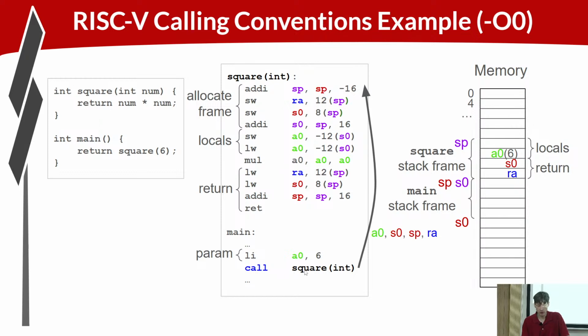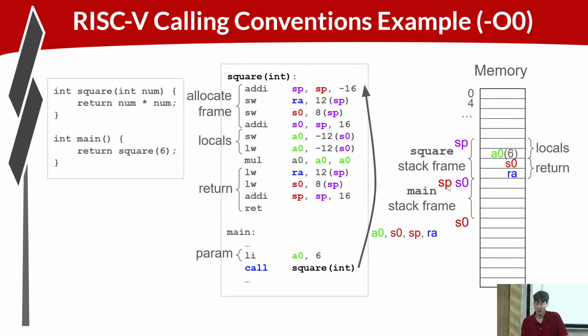So we call square, and then in square itself, square is going to set up its stack frame. So the stack frame for main is referenced by S0 being the base of the stack frame and SP being the pointer to the top of the stack frame, top being the lower memory address.